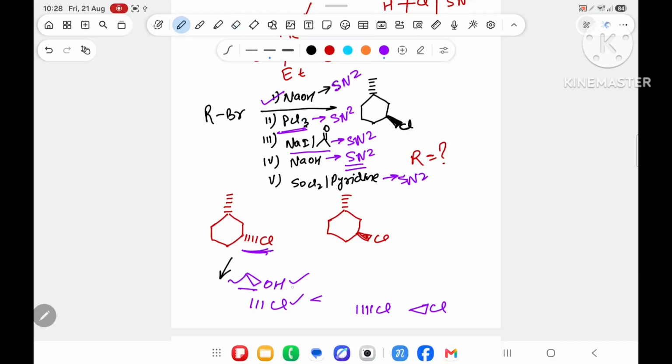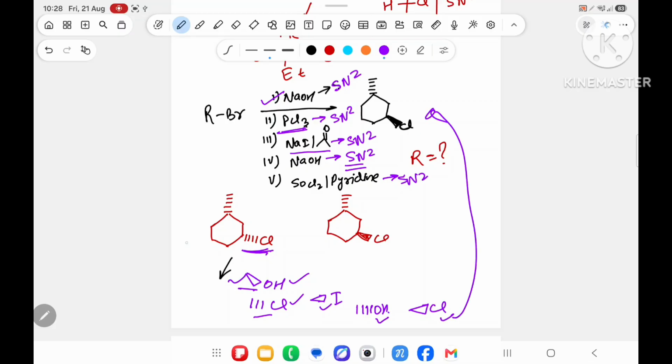NaI will also do SN2, so dash is converted to base with I. Then NaOH again does SN2, it will give OH. Again I have written Cl; I also get confused. OH will come but base will convert to dash. Then again SOCl2 with pyridine, SN2, dash.